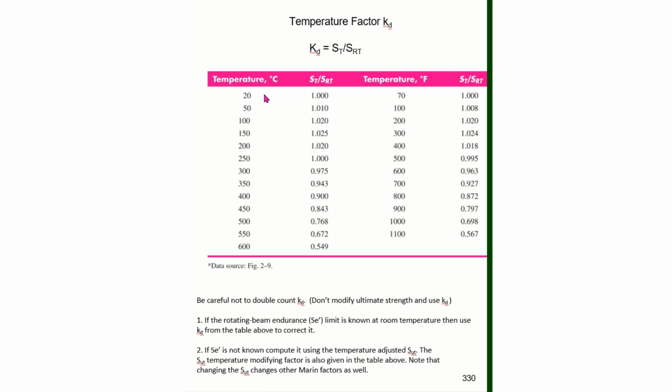You can see that at 20 degrees C, room temperature, we have a Kd of 1. And then as the temperature increases up to around 200 C, we actually have an increase in the Kd value, and this is the only Kd value that should ever be greater than 1. And like mentioned before, I would still just use a Kd value of 1.